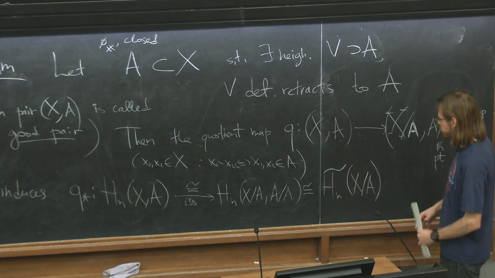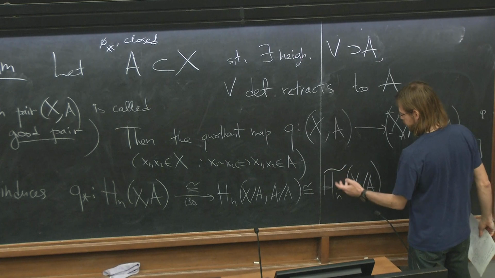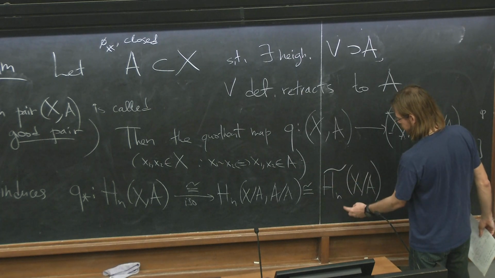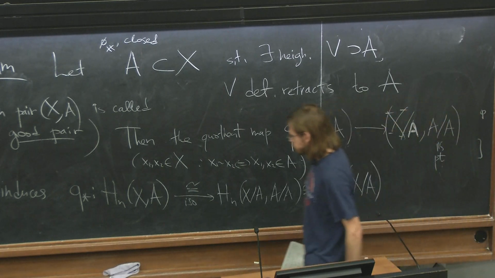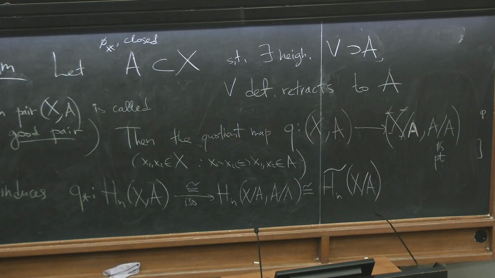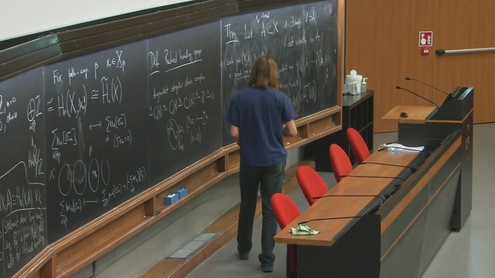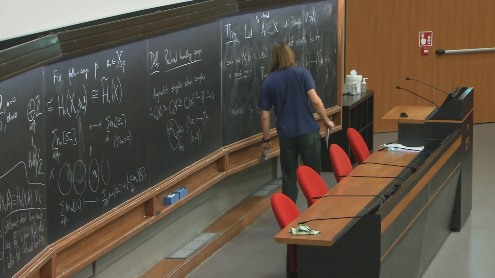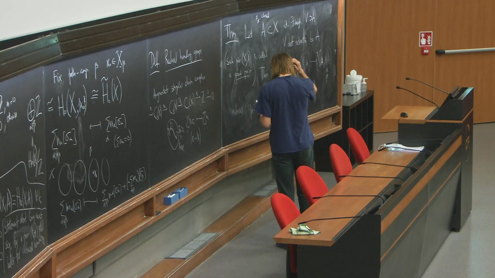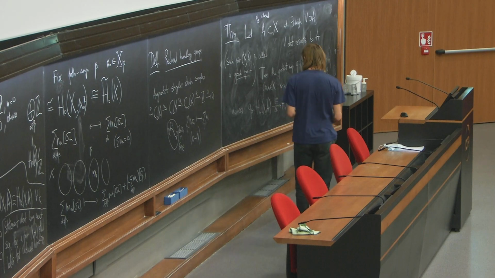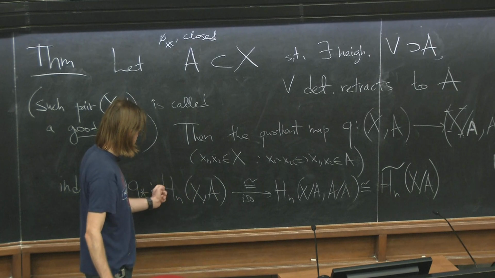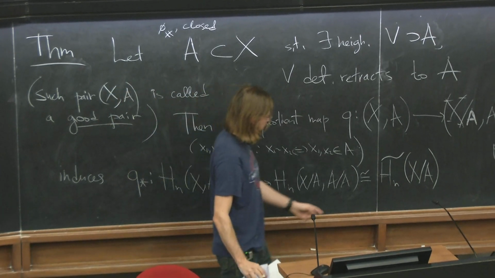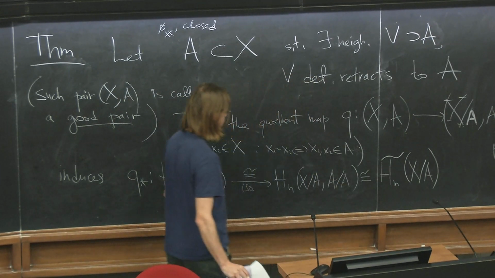For all indices n greater than 0, this does nothing, it's just the same as we had before. And for n equals 0, it just removes a copy of Z in your direct sum over path-connected components. And this will provide us the desired statement about the relation between relative homology groups and non-relative homology groups, but of some quotients.